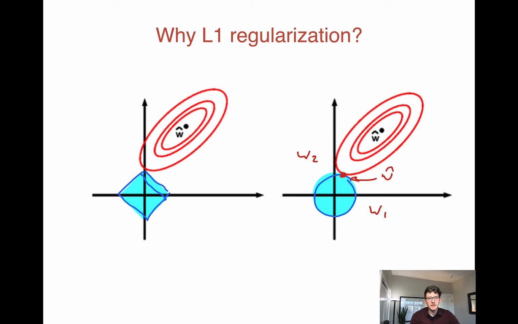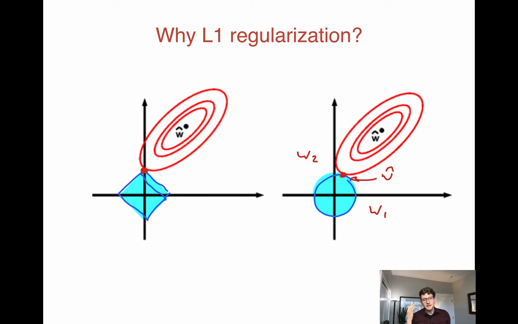That's not too hard to convince yourself of. And we can see how any given objective function is more likely to intersect at the corners of a diamond, because in a geometric and intuitive sense, they stick out more, and so they're more likely to be the spot where you intersect.